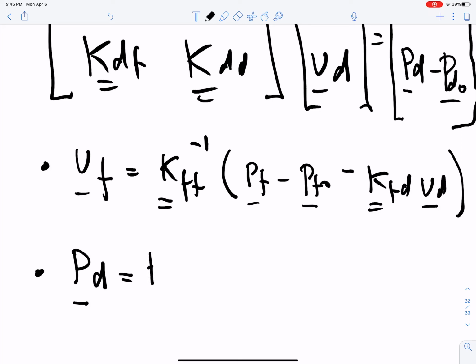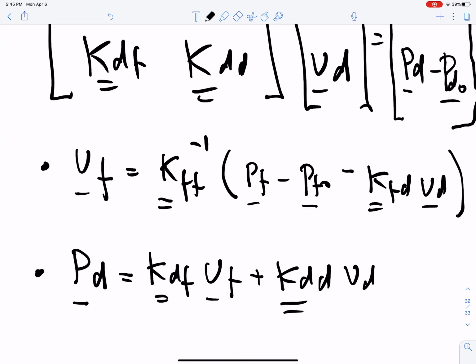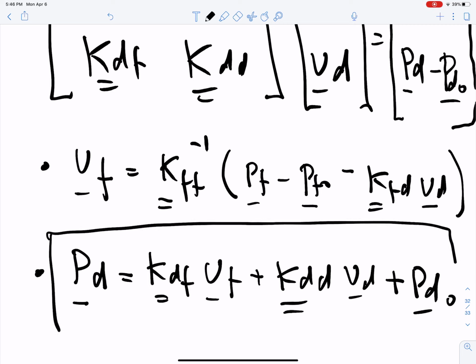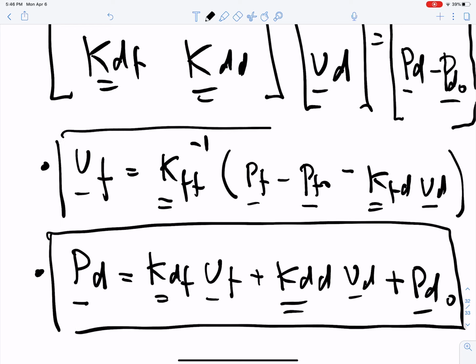It's going to be KDF times UF, which you computed from the previous step, plus KDD UD, okay, which is coming from the motion of the supports, right, and minus, or sorry, plus PD0, okay. This is going to be the contributions from the distributed loads, okay.